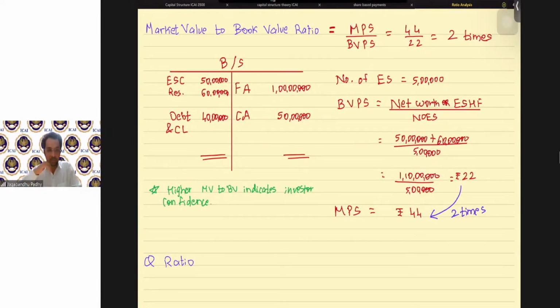So let me show you some numbers, a real life example. I'll take you to the BSE website to show you this market to book value ratio.